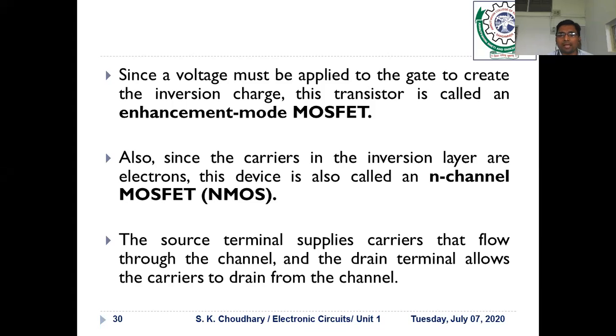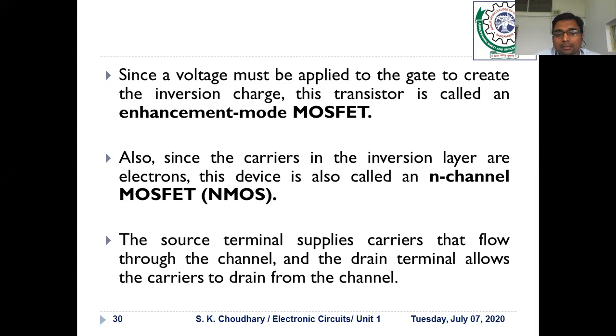The source terminal supplies the carriers that flow through the channel, and the drain terminal allows the carriers to drain from the channel. This is the direction of flow of the carriers. Electrons start to flow from the source terminal, go through the channel and reach the drain terminal.